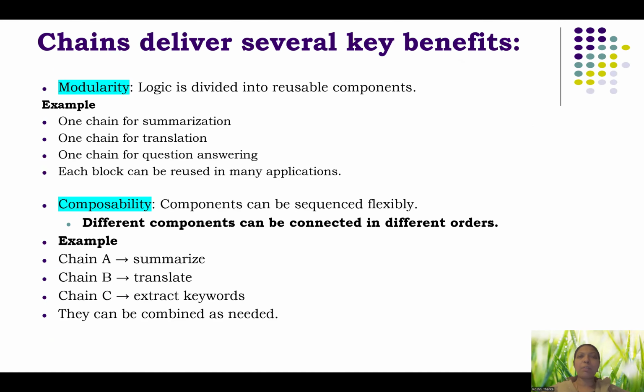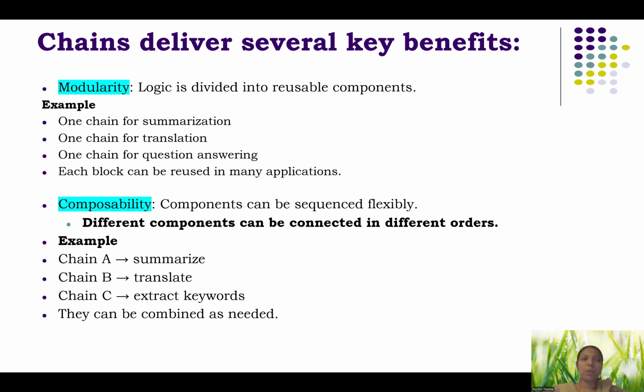So what are the key benefits of having a chain? Instead of doing everything as a single task, why do we want to divide the task into small subtasks as a chain? The first benefit is modularity. Since we divide it into many components, we are able to reuse them.